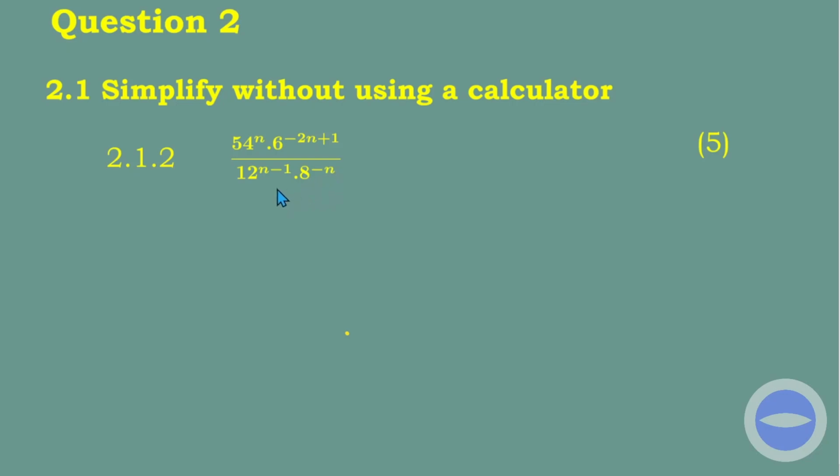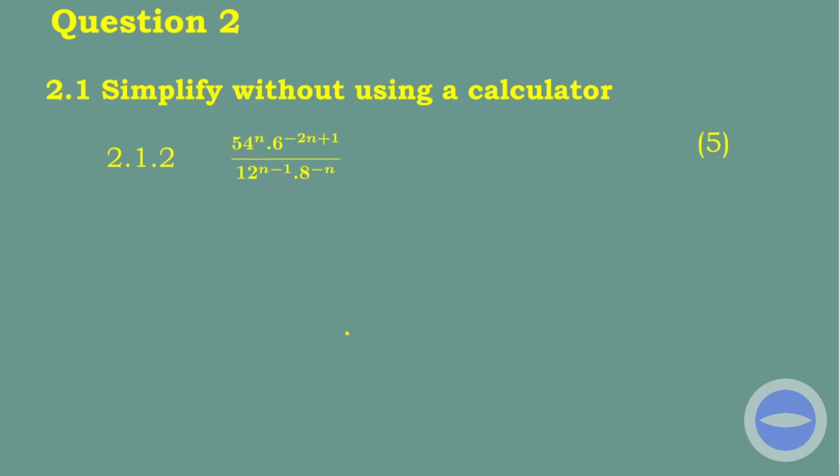To solve this expression, we have to write all the bases as prime factors. A prime factor is a number, except 1, that has only that number and 1 as its factors, like 2, 3, 5, 7. These are the prime factors. All our bases have to be written in prime factors, like 54.